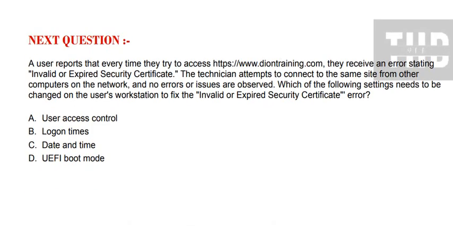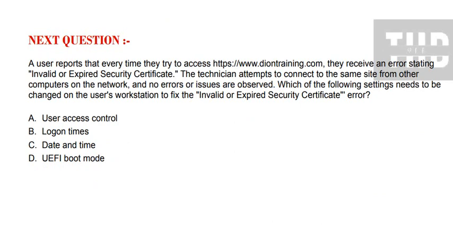Next question is, a user reports that every time they try to access https://www.diontraining.com, they receive an error stating invalid or expired security certificate. The technician attempts to connect to the same site from other computers on the network, and no errors or issues are observed.